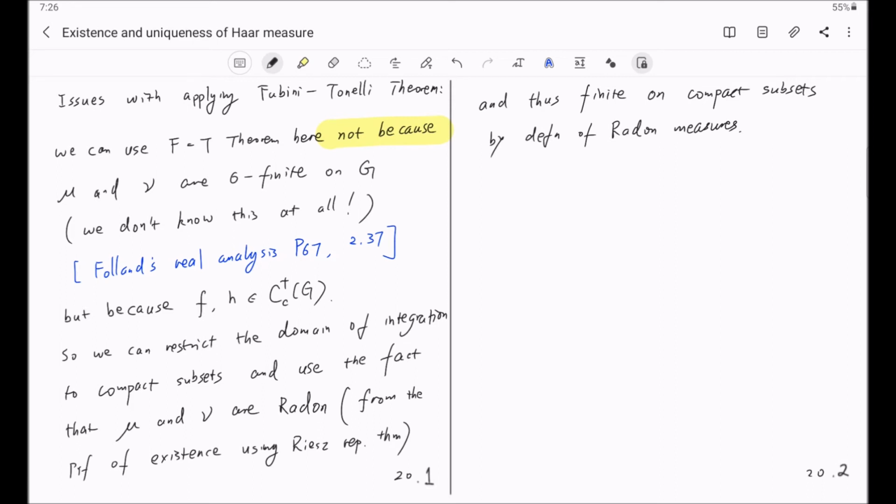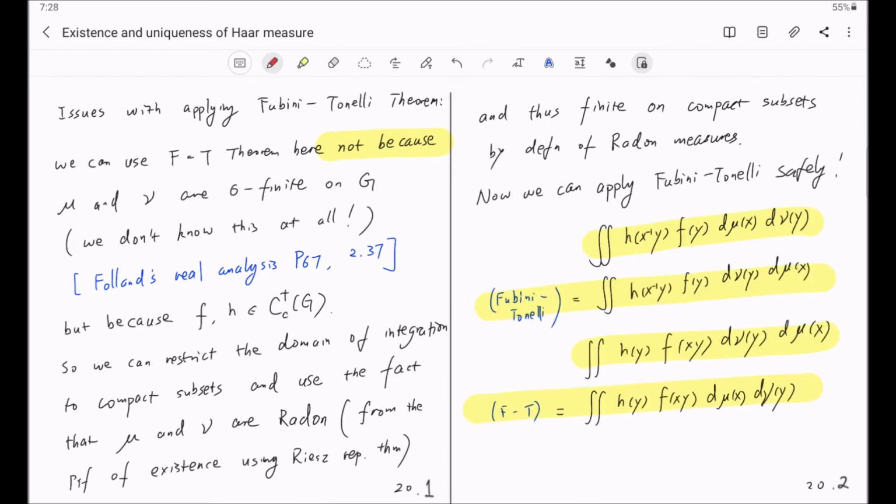And now we can safely apply the Fubini-Tonelli theorem. However, to be rigorous, let's still look at, in our specific situation, how this issue was addressed.